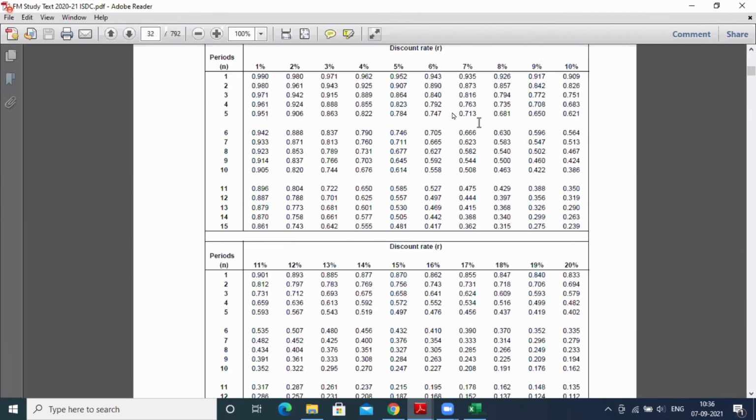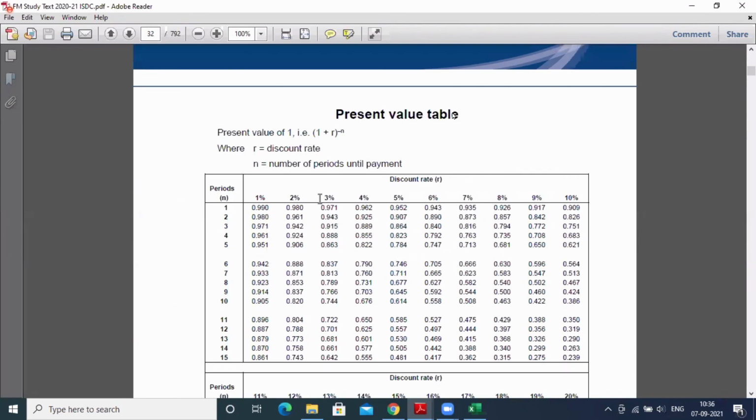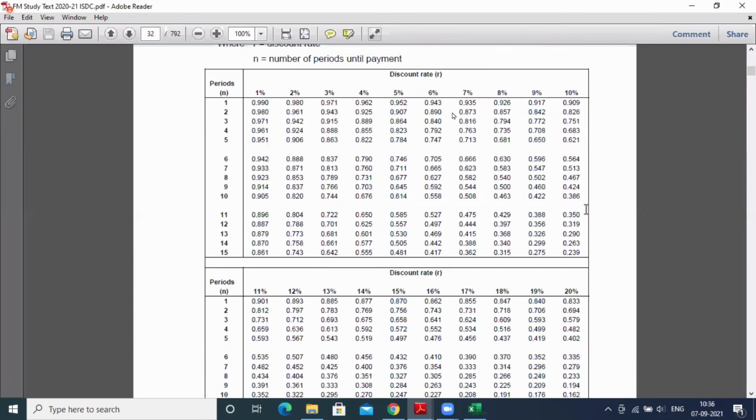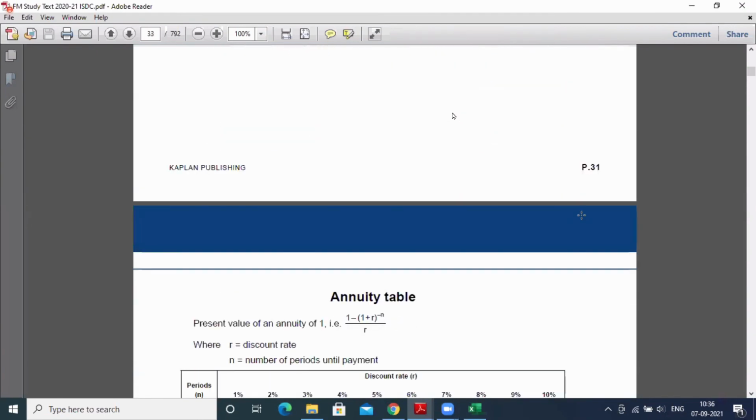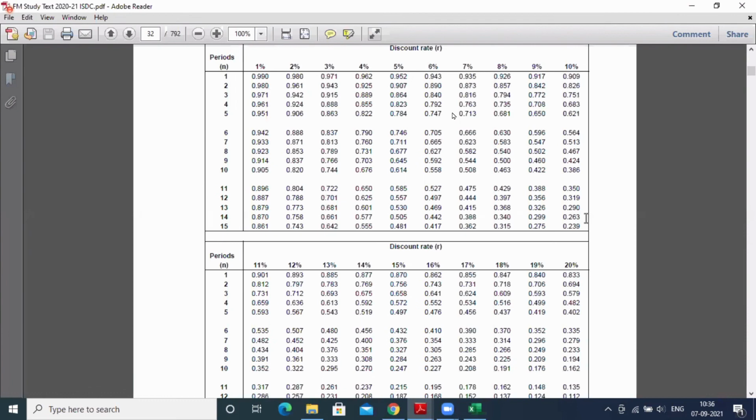Here we can find only 1%, 2%, 3%, and up to 20%. Suppose your discount rate is 22%, then the table may not help you. In that case, you need to depend on the formula only, right? So that was what the note speaks about. Okay.